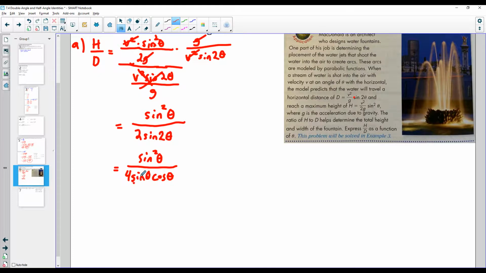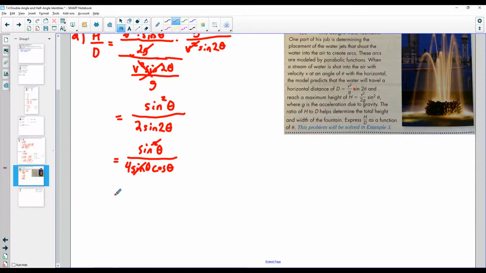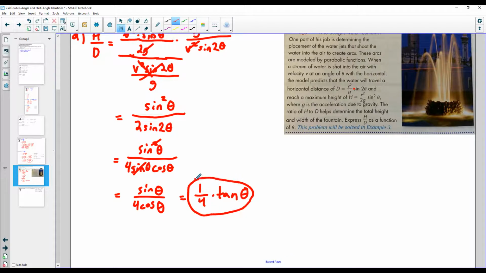Oh, and hey, look at that. A sine cancels with a sine up here. And then we're left with sine of theta all over 4 times cosine of theta. And hey, we can make that even nicer. Sine over cosine is tangent, so really we can write this as 1/4 times tangent of theta, just so we write it in terms of 1 to make it nicer.